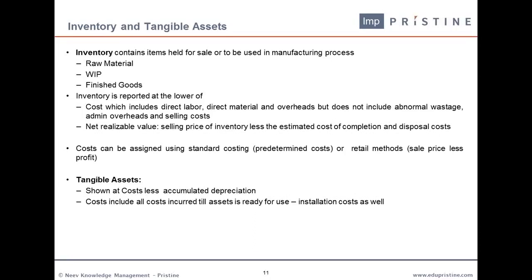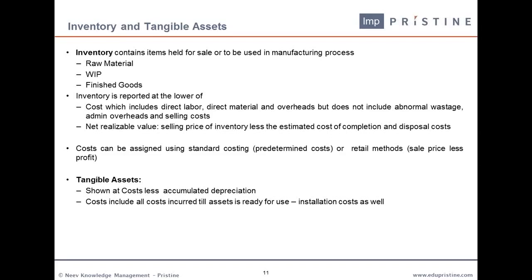The cost is the amount which includes direct labor, direct material, and the overhead costs, but the administrative overheads and the selling cost don't come under this. Net realizable value is the selling price of inventory. Say if you sell in the market today, whatever price that you get, minus the disposal and the estimated cost of completion.